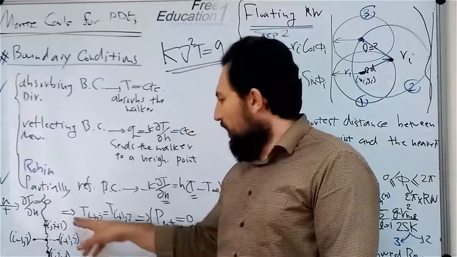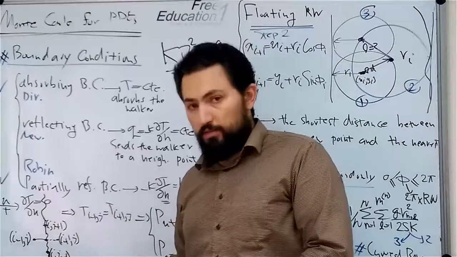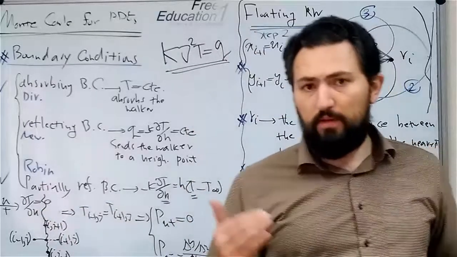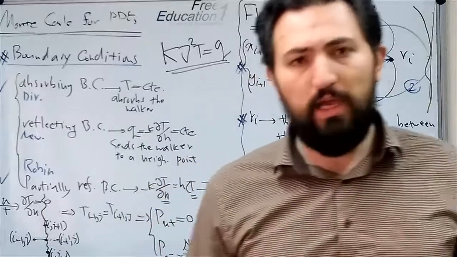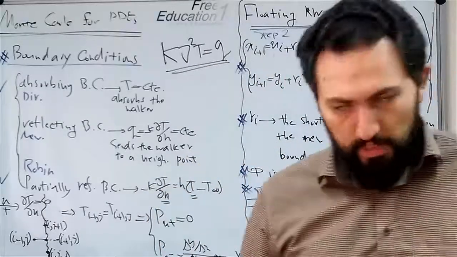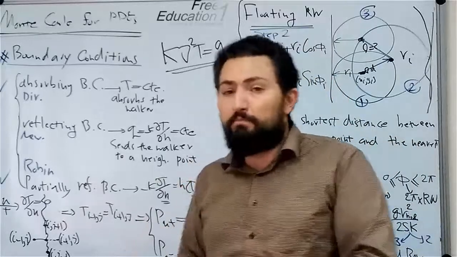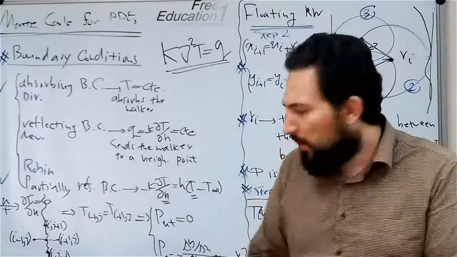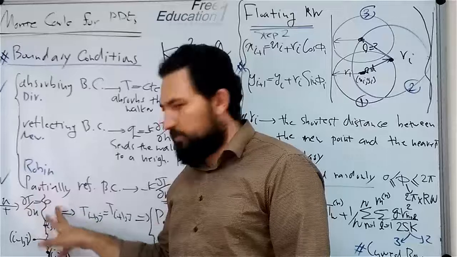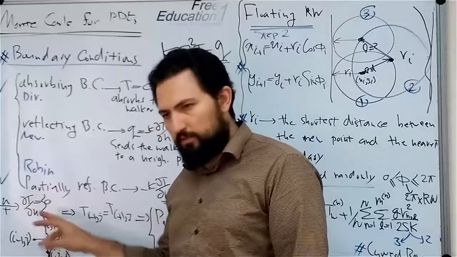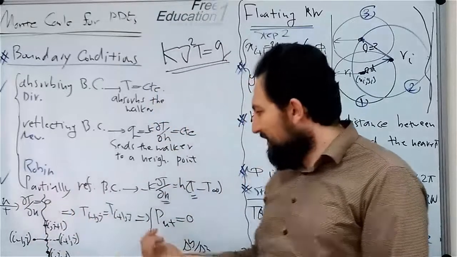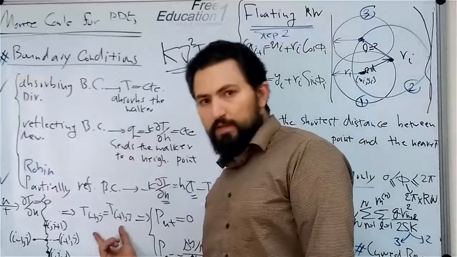In such cases, you have to discretize the boundary condition. As you know, at the first step of the fixed step Monte Carlo method, we have to discretize the governing equation. Here you have to discretize the boundary conditions as well. Here the boundary condition is this relation, the derivative is 0, so you have to discretize it using the central difference concept.